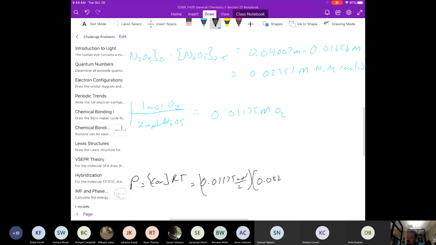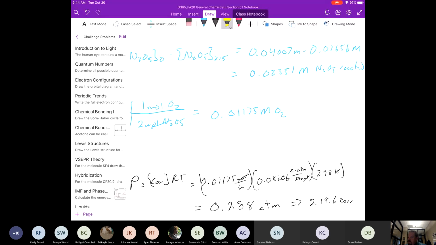Now the moles cancel, the liters cancel, and our temperature is still 298, so the Kelvins cancel, and we're left with a partial pressure of 0.288 atmospheres. And if we want to complete the circle, that is equal to 218.6 torr.